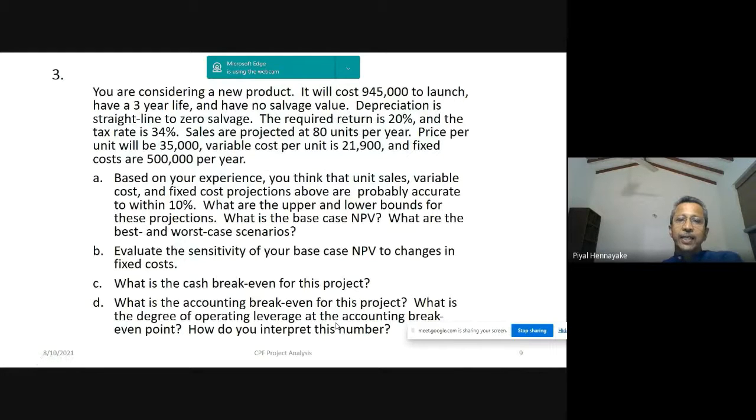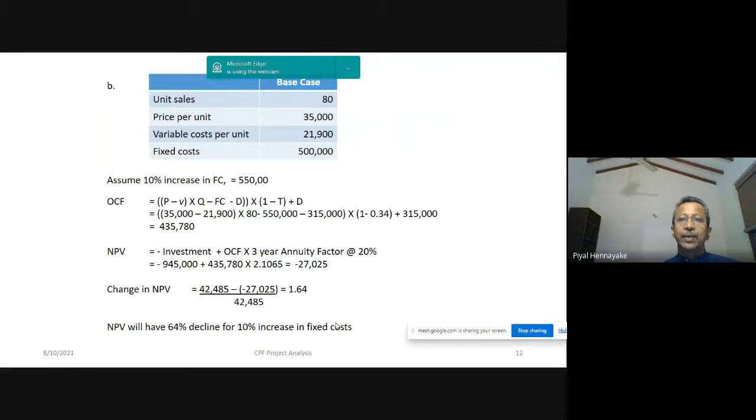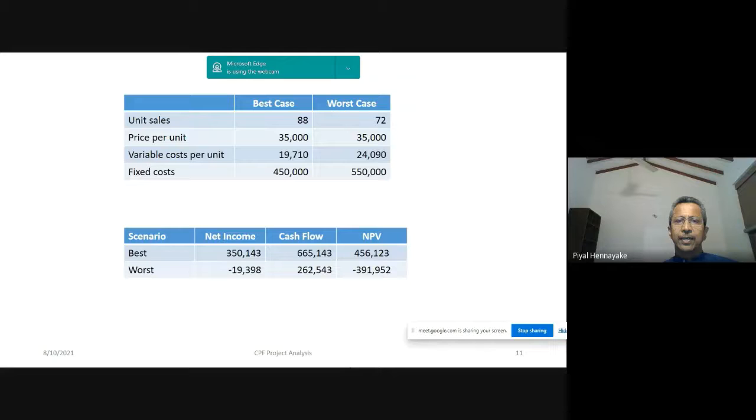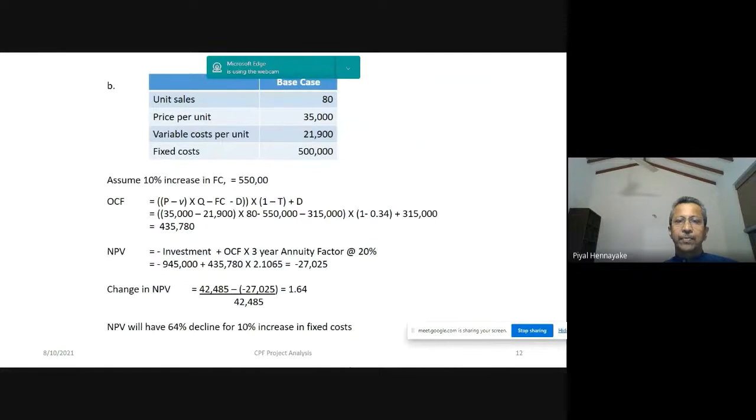Evaluate the sensitivity of your base case NPV to changes in fixed costs. So what are we going to do? We have the base case.